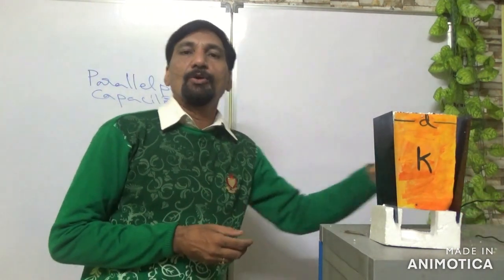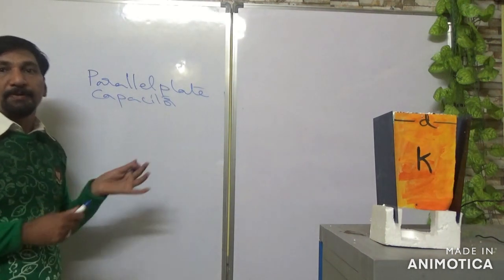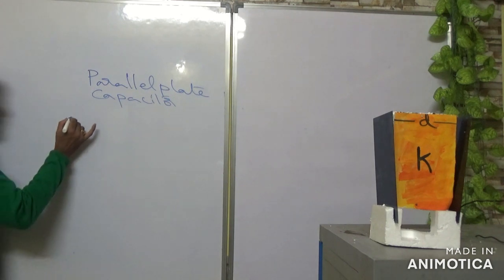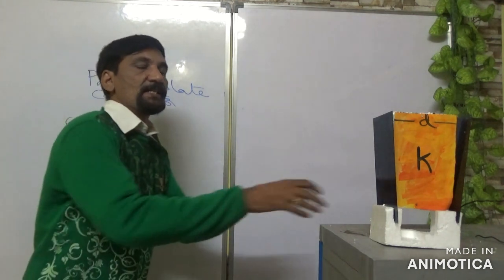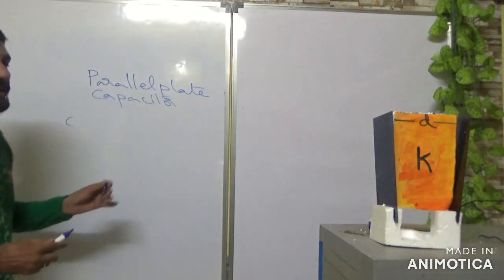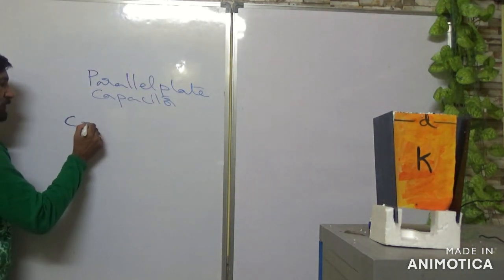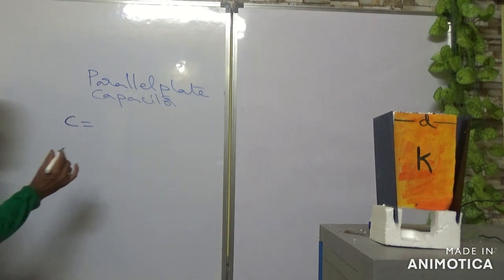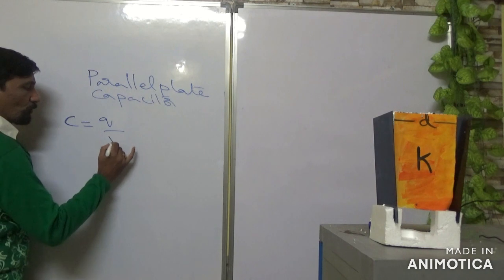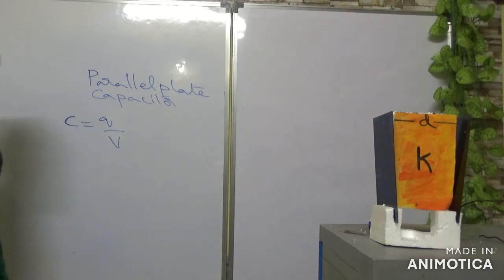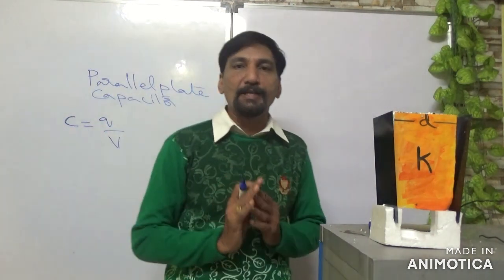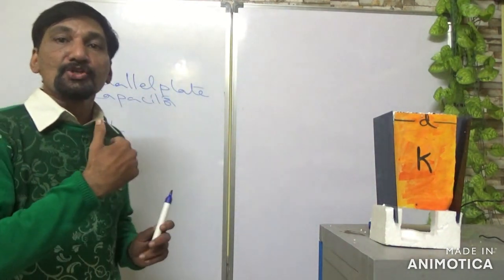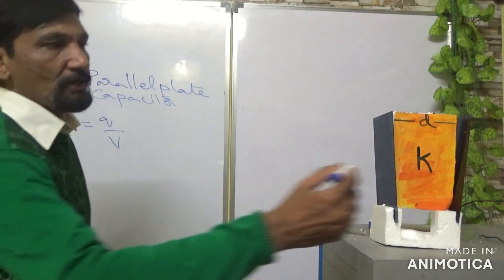You already know the general formula we use to find the capacitance of a capacitor: C is equal to Q by V. That means to find the capacitance, you require the charge on it and the potential difference between the plates.